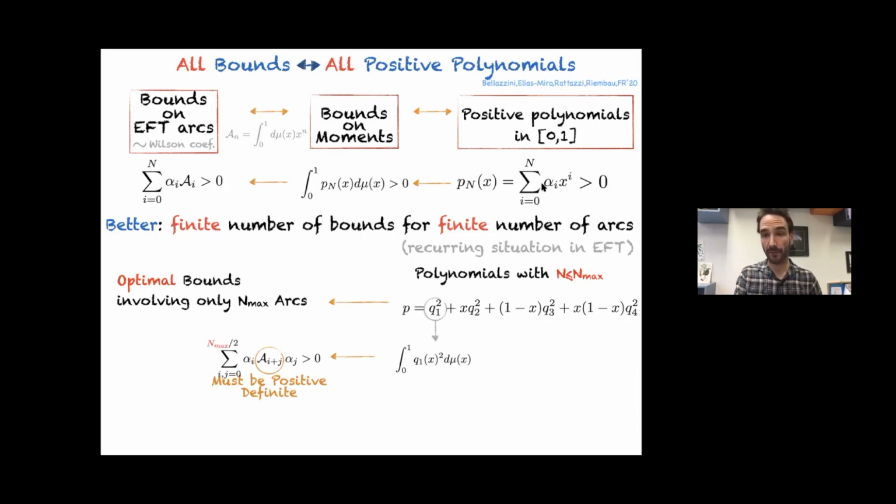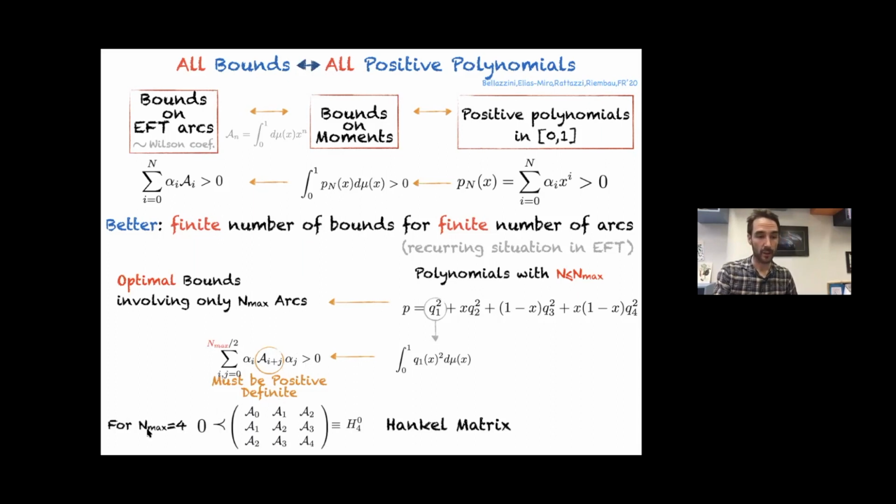So it turns out this condition is exactly equivalent to requiring that this matrix of arcs i plus j must be positive definite. So for instance, for 4 arcs, we obtain this matrix, and this must be positive definite. This is known by a name, it's a Hankel matrix, which might resonate with some of you in the audience.